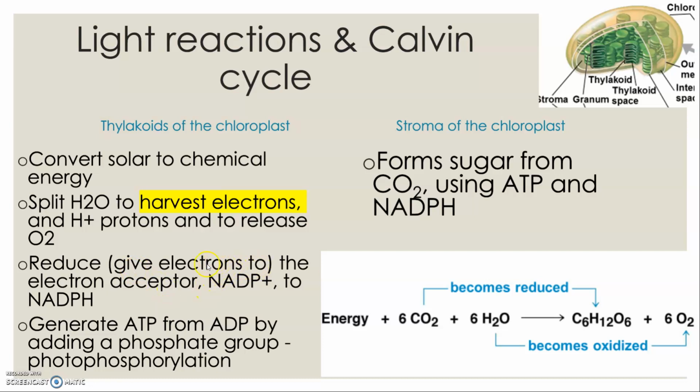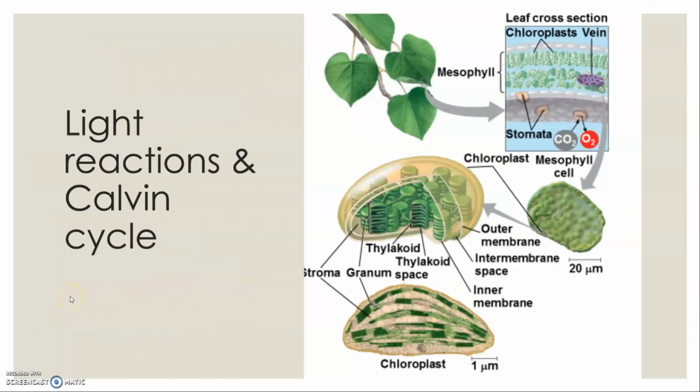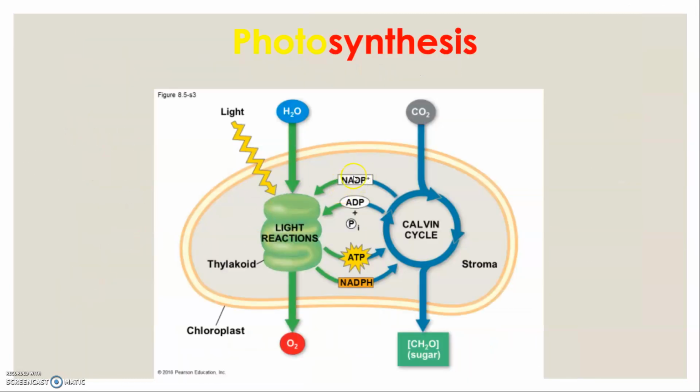So this guy right here, NADP plus, is reduced to NADPH. All that means is that it obtained electrons. It went from sort of an empty state to a state full of electrons.